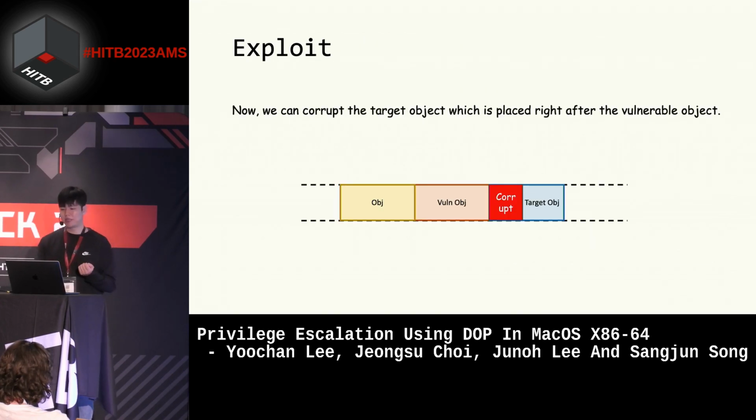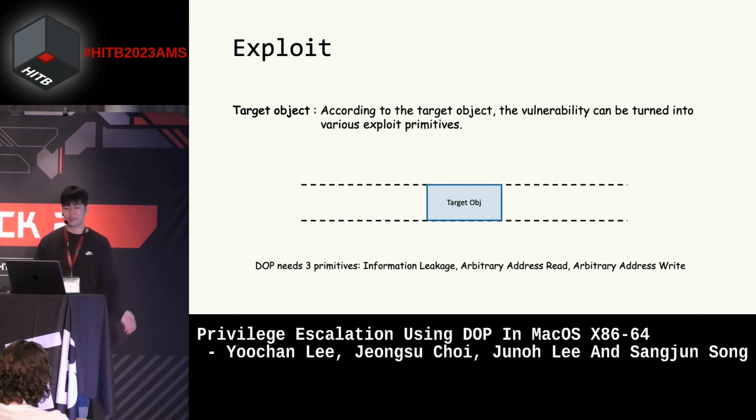As we bypass the hardened copy, we now can corrupt the target object, which is placed right after the vulnerable object. Now, what do you think is the important part here? The answer is the target object.